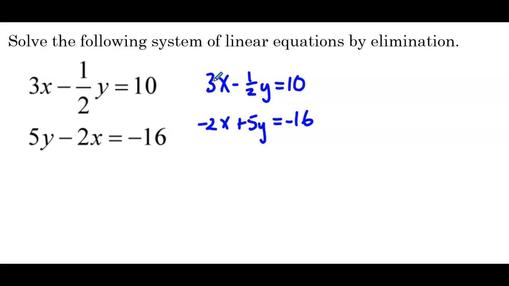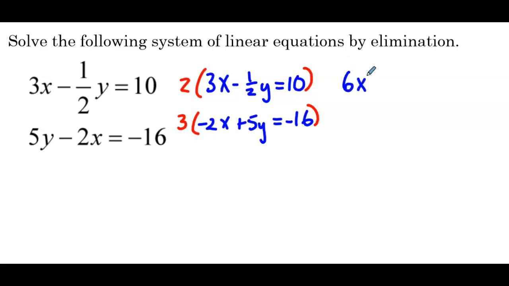So the least common multiple of 3 and 2 is 6. So we'll multiply the first equation by 2 and the second equation by 3. The signs are already opposites, so I don't need to multiply by a negative value.